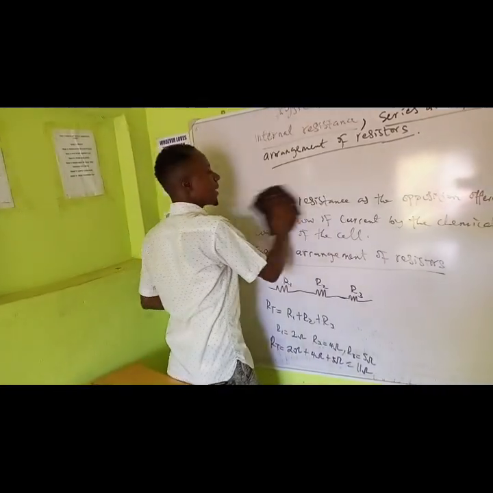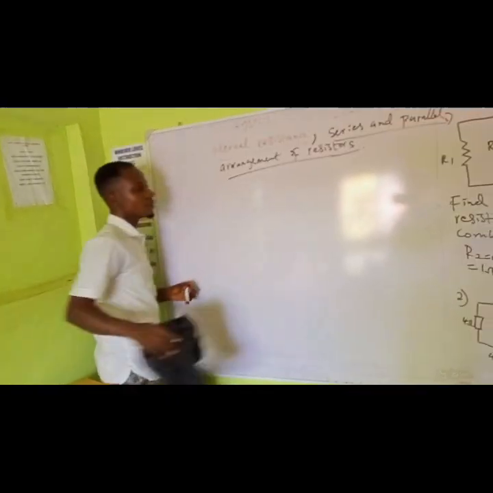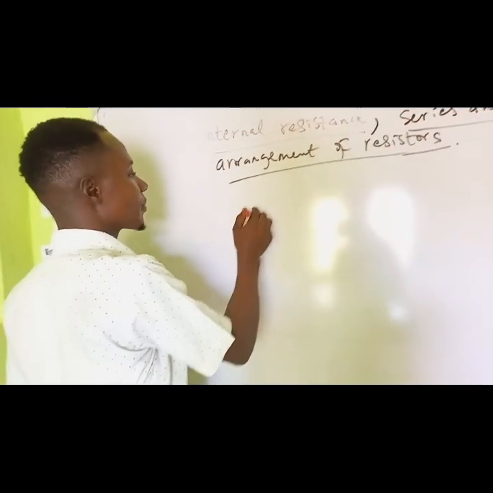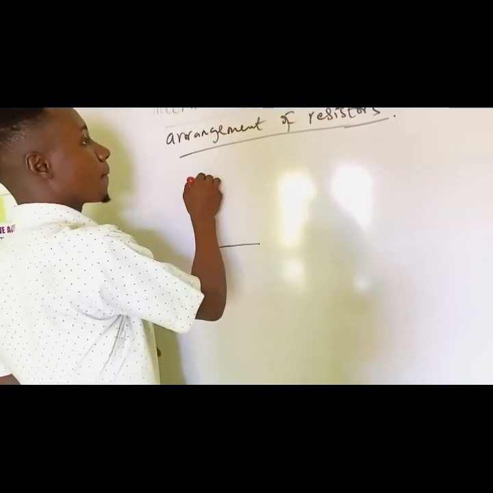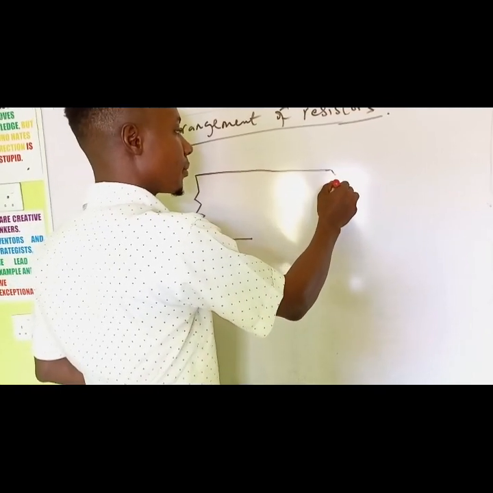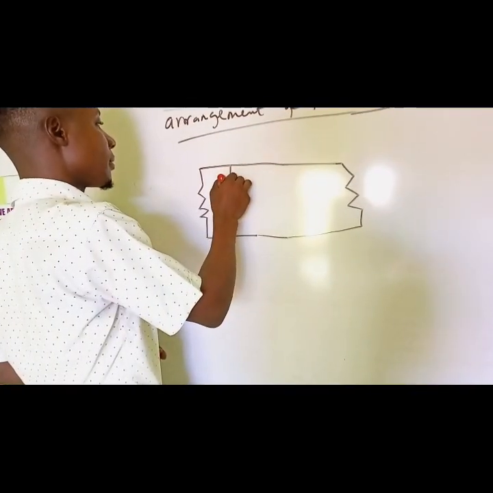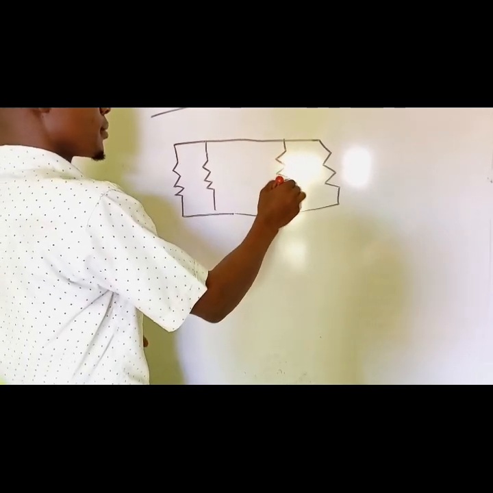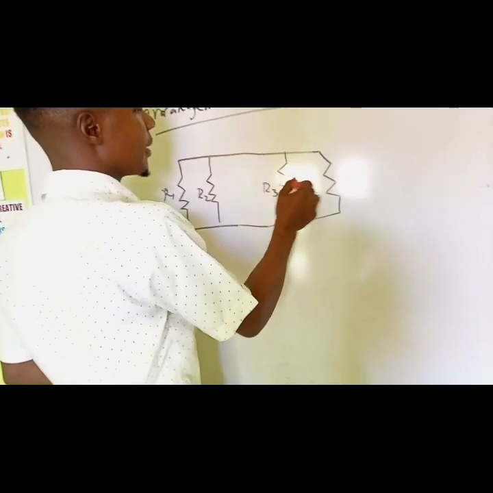So having known that, I will also show you how you can solve problems of resistors when they are arranged in parallel position. So here we are meant to know that, assuming this is a resistor, and this resistor is arranged in this format, and let's say we have another one here, and we have another resistor here, and let's assume here is R1, and here is R2, and here is R3, and here is R4.